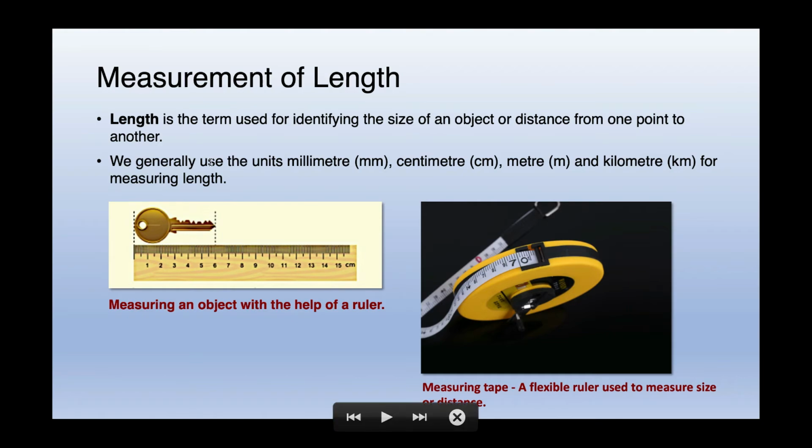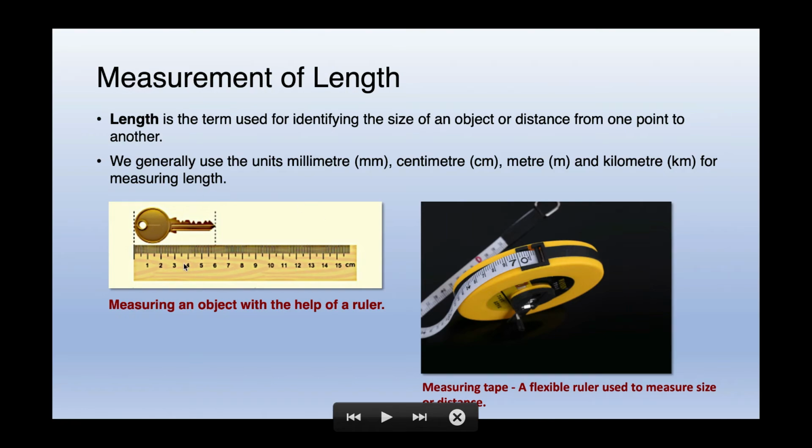Now, we generally use the units millimeter, written in short as mm, then centimeter, cm, meter, m, and kilometer, written in short as km, for measuring length.